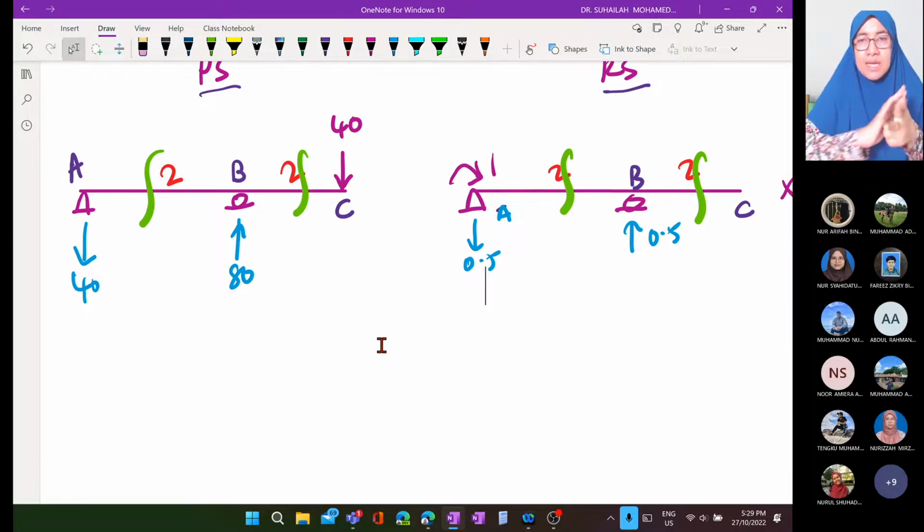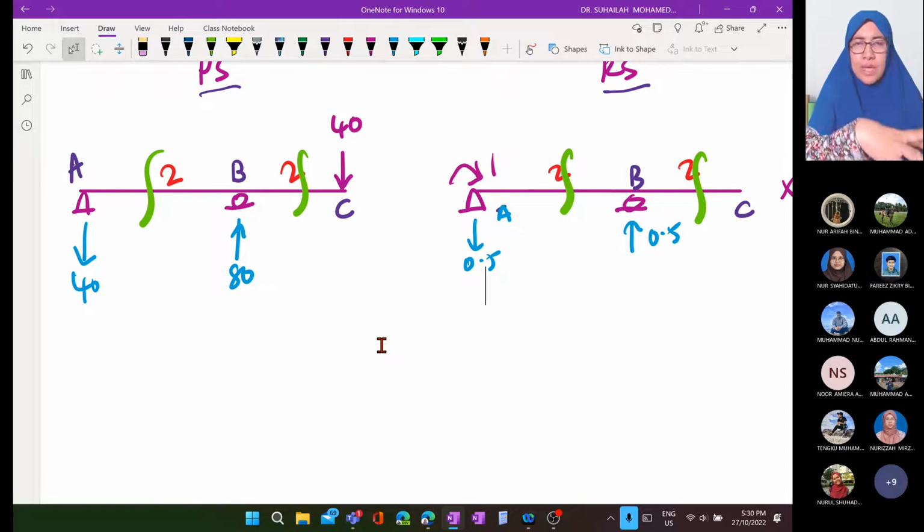Moment equation. In structural analysis, I have mentioned in the first week or second week, we can summarize the structural analysis in three words: reaction, internal forces, and displacement.